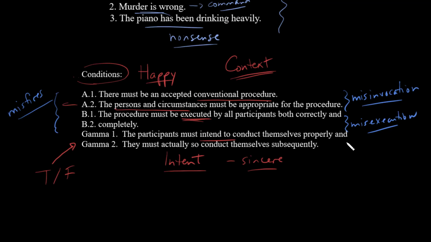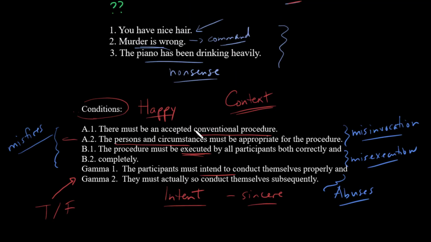And then finally, these two, gamma 1 and gamma 2, if we screw these up, these are called abuses. And if you read chapter 2, you'll find that there's more specific language as well for the individual points, A1, A2, and so on.